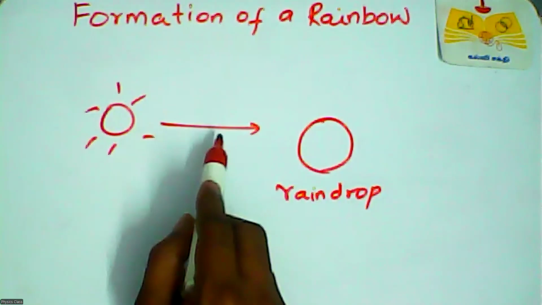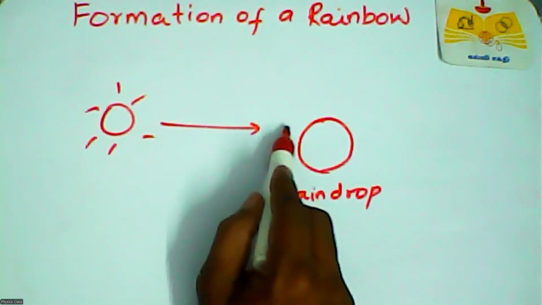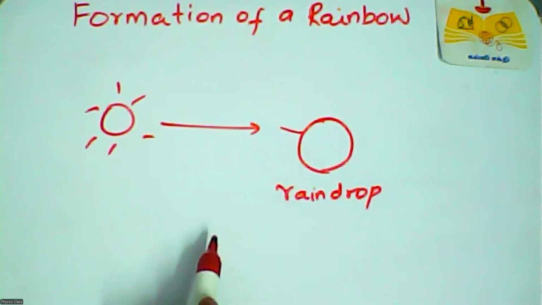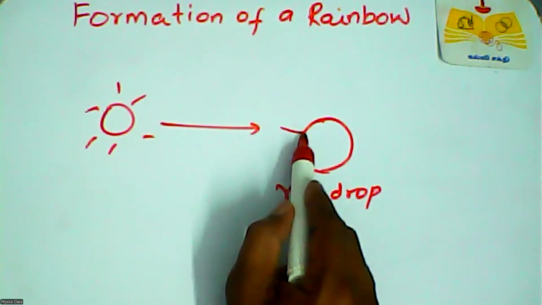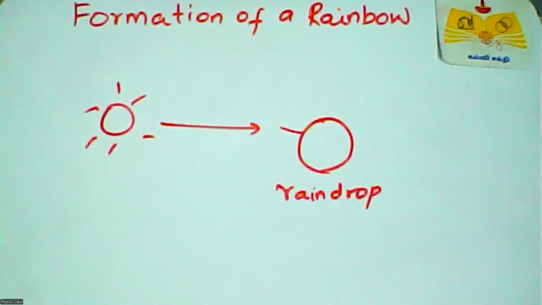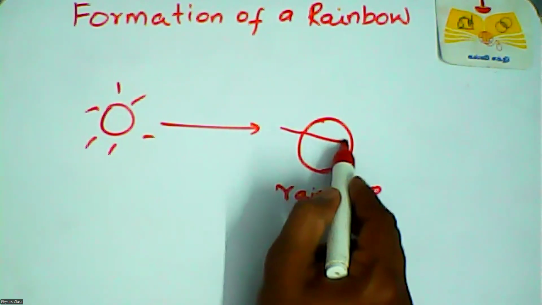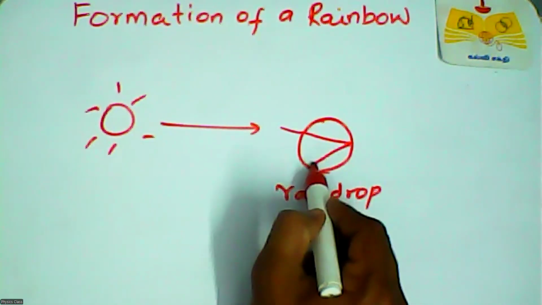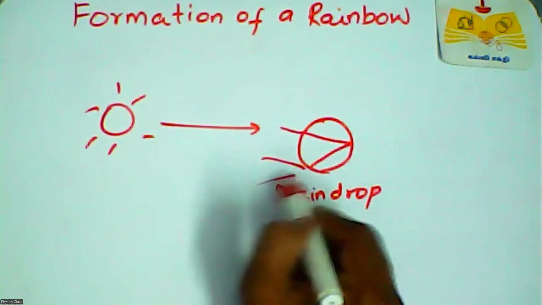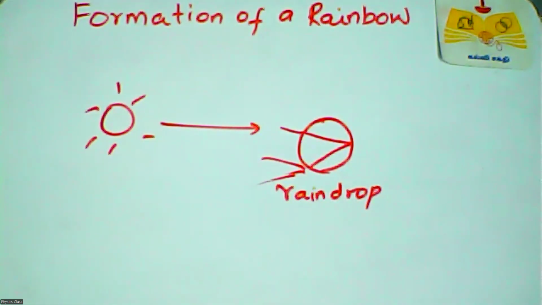Sunlight enters into that raindrop. There are some concepts here: refraction, reflection, dispersion. Sunlight enters into this water droplet, and what will happen? It is a most interesting phenomenon of light.